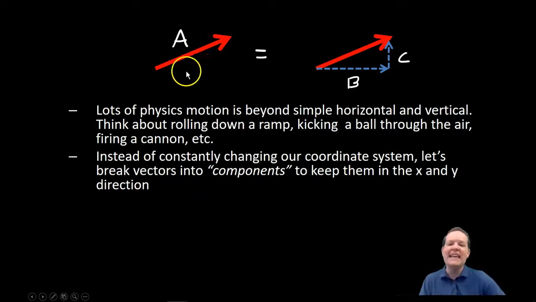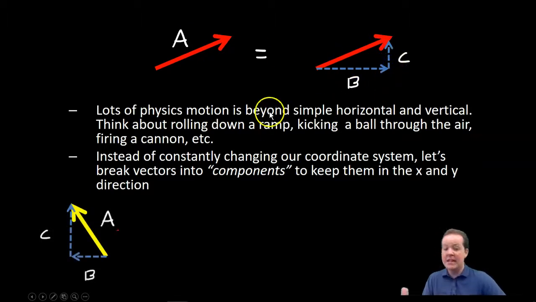I could have any angle vector I want. So I have this one labeled here as A. I already showed you it's equal to these two added up. Here I have just at the bottom another example. Maybe I have a vector pointing up and to the left this time. It again could be equivalent to the addition of two other vectors, one that's horizontal and one that's vertical.